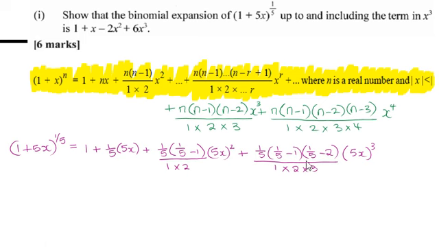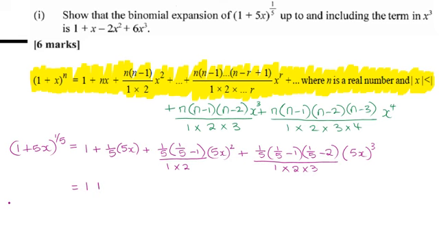This is 3 factorial. So you're actually dividing by factorials. This is over 0 factorial, over 1 factorial, over 2 factorial, 3 factorial, and so on and so forth. All right, so let's use our calculators to work these out.